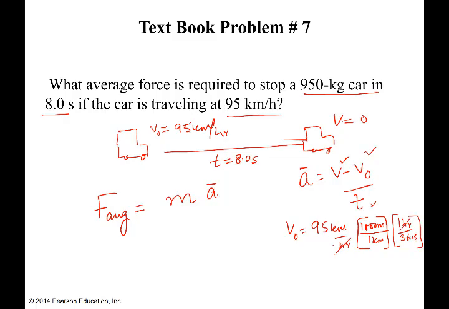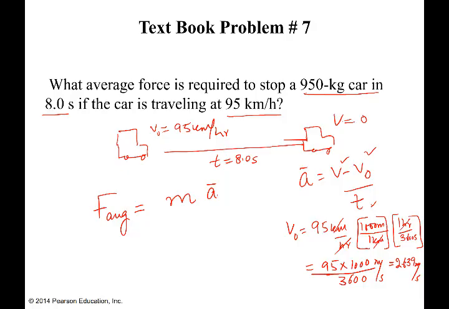So hour and hour is gone, kilometer and kilometer is gone. You have 95 multiplied by 1000 whole divided by 3600 meters per second, which when calculated comes out to be close to 26.39. I'm not going to round it yet.